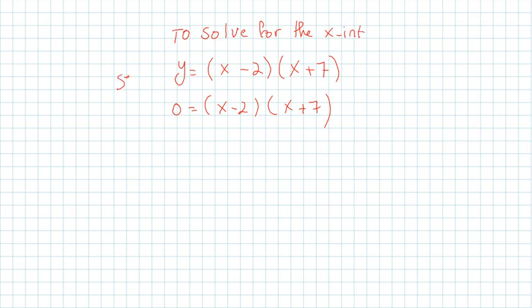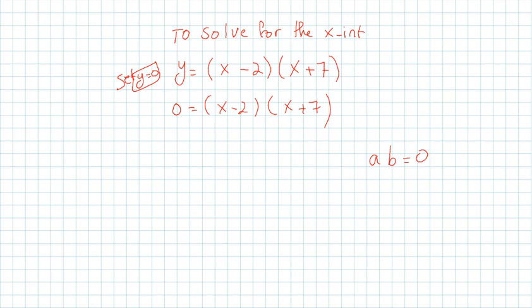Now, I'm going to ask you guys a question. If you have a times b, don't write this, and a times b equals 0, when would this happen? What would the value of a be, for example, for a times b to equal 0? 0.